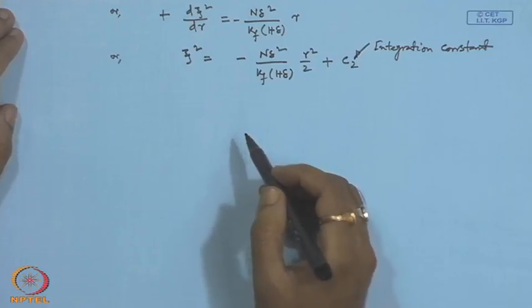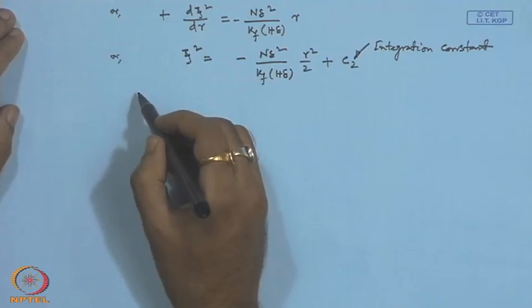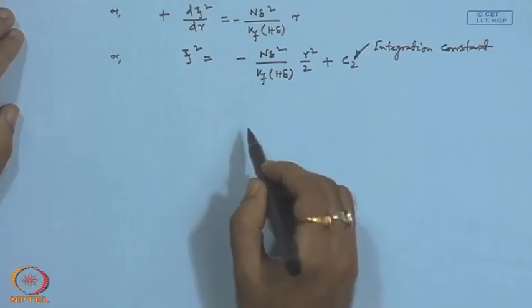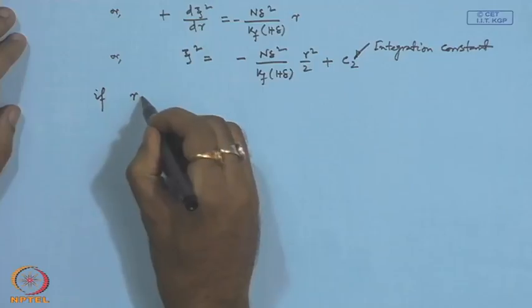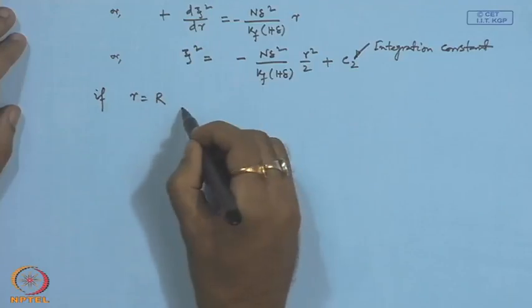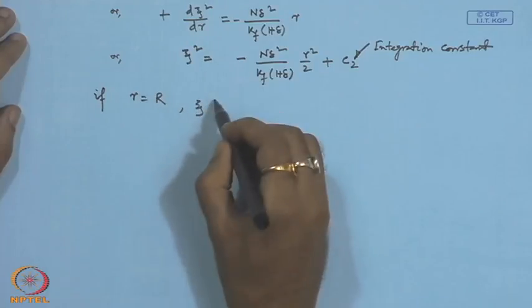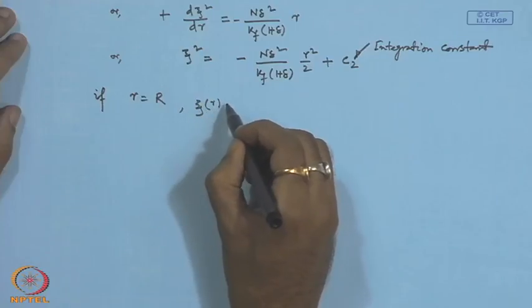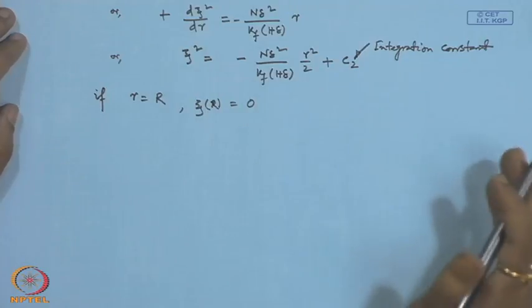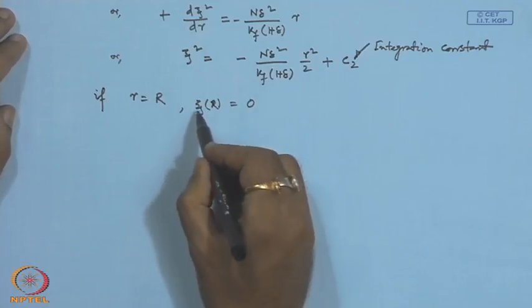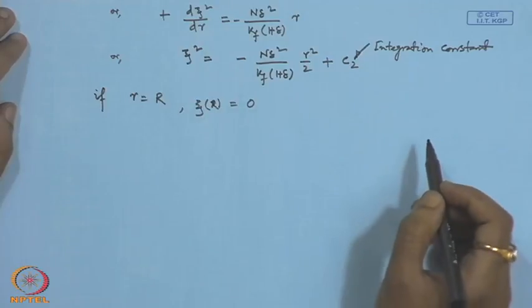So, another assumption we have for this particular thing is that if r equals to capital R, then we have xi value equals to 0. So, at the end of the oceanic island we have the xi value 0.